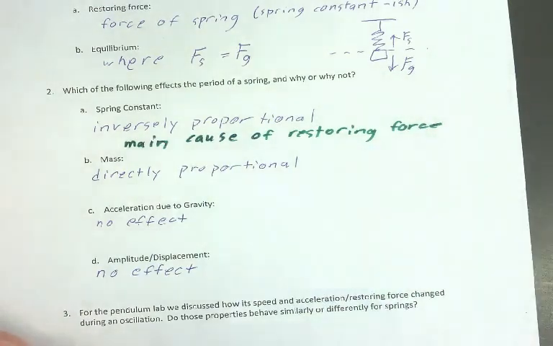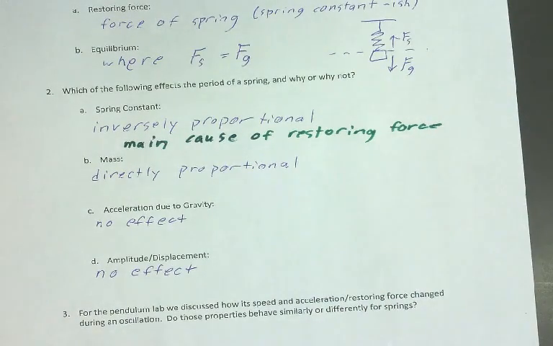And because it's the main cause of the restoring force, it is going to be a large factor. The more strength you have in the spring, the more restoring force you can have. And the more restoring force you have, the faster it's going to move.